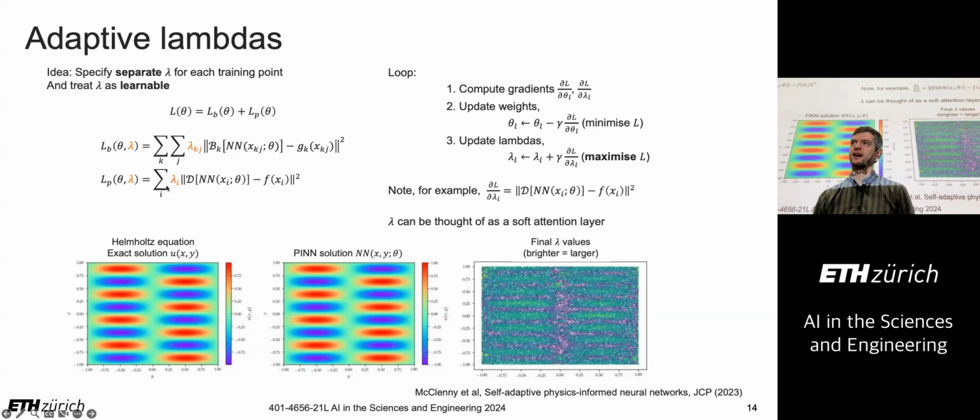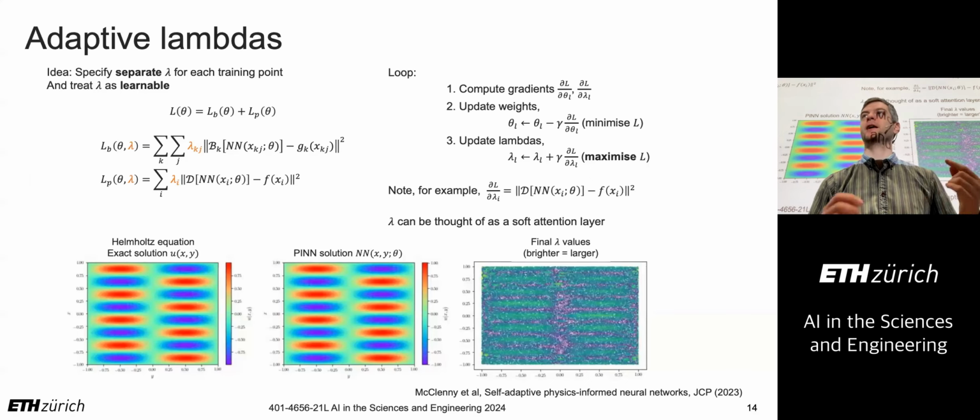So that's the first idea, to have more lambda values, to weight each point by itself. The second idea is to learn these lambda values as we're training the PINN, jointly whilst we're learning the theta values, the parameters of the PINN.